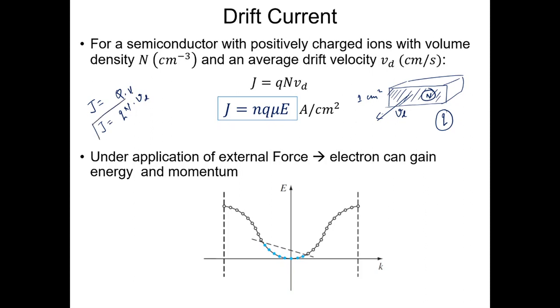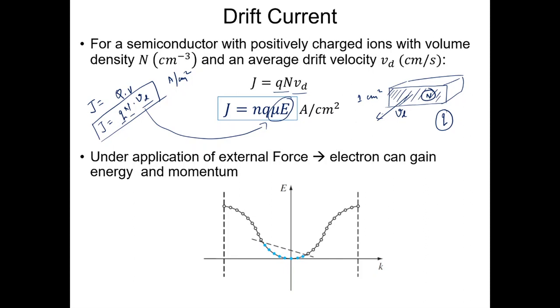So the J, which is the current density in ampere per centimeter square, is going to be q n vd, where vd is the drift velocity. Later on I will show you that this vd translates into another parameter which is mobility times electric field, mu E, but that's for later in the lecture. For the time being, you see that current density equals charge times the velocity.